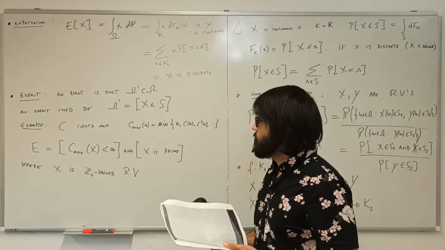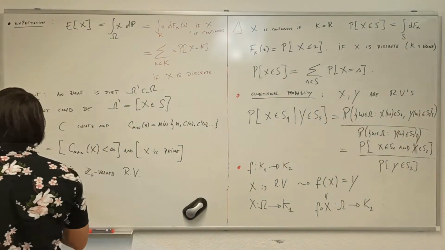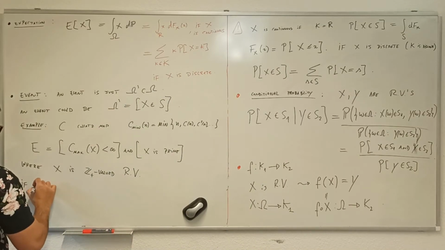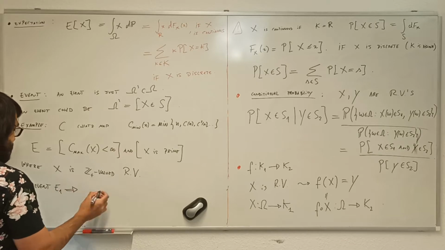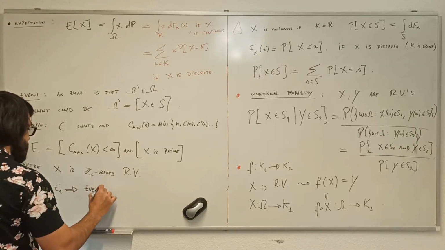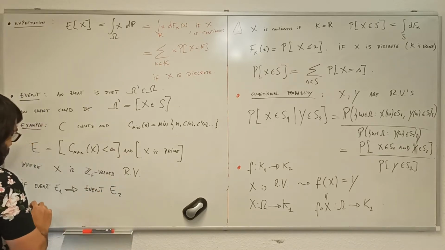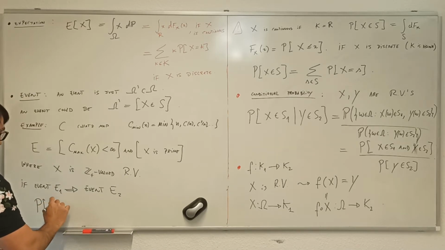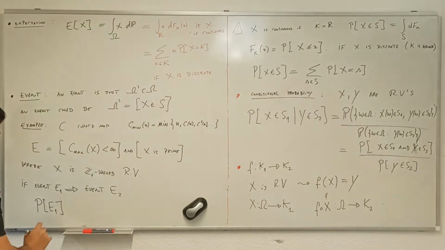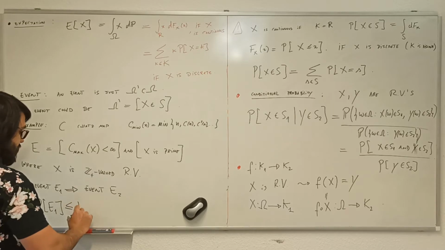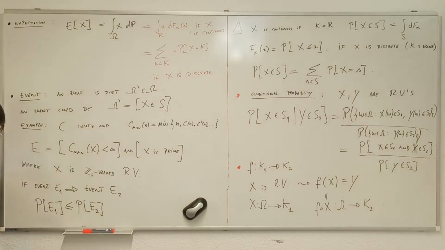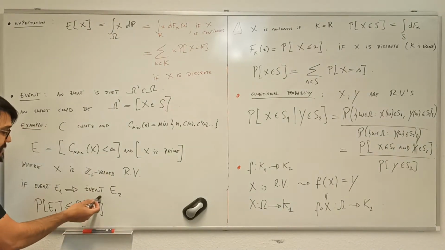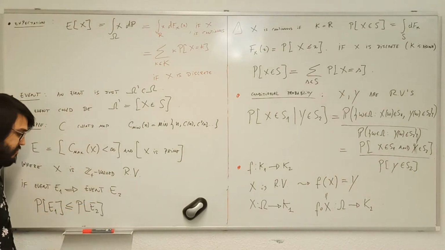Okay, so for instance, if an event E1 implies an event E2, then the probability of E1 is less or equal than the probability of E2. Yes, E2 is more likely to happen because whenever E1 happens, E2 also happens.